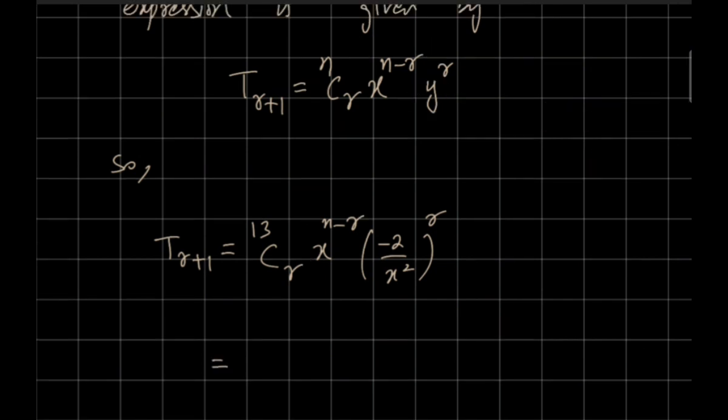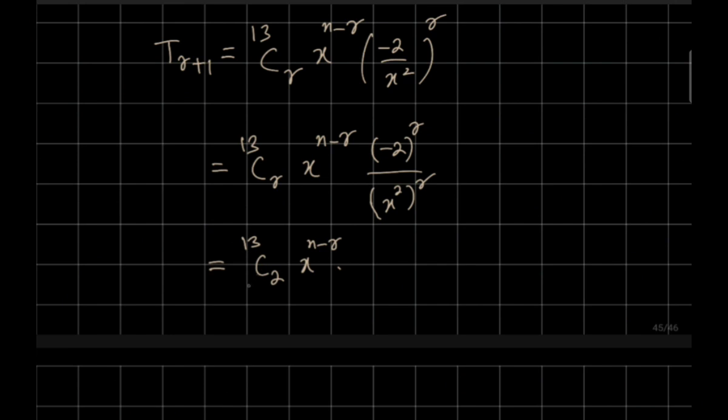After simplifying, we will get 13Cr x to the n minus r, minus 2 to the r, x to the 2r in the denominator.